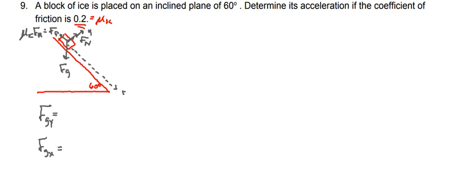Okay, so force of gravity in the y, that's going to be equal to the force of gravity, this whole big number, whatever it may be, times the cosine of 60. And this one would be the force due to gravity times the sine of 60.